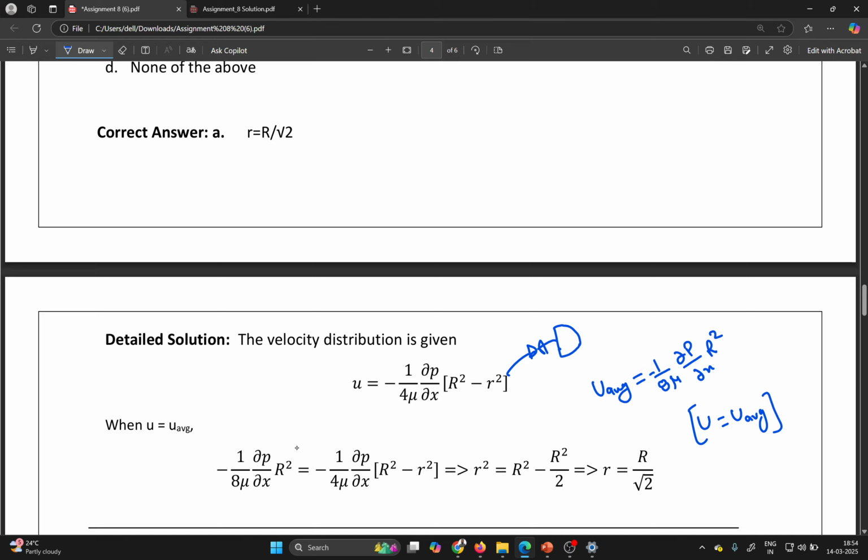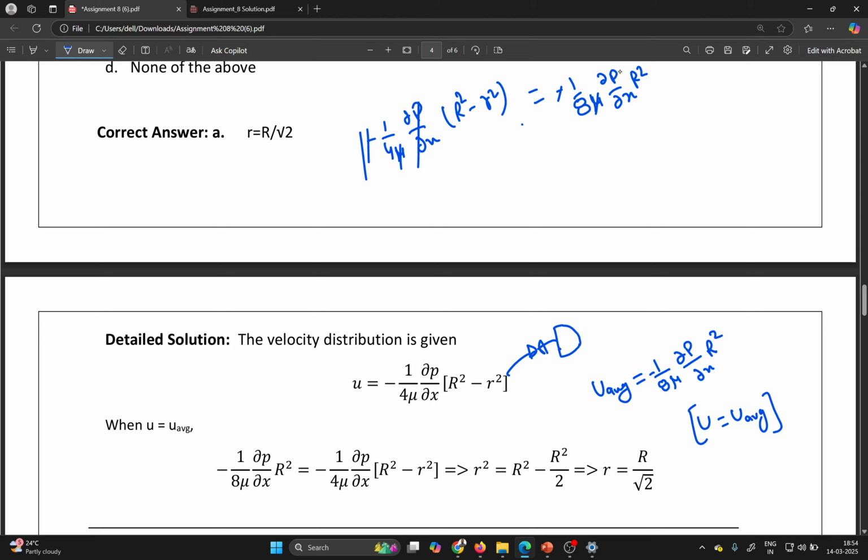So you can write here, 1 by 4 mu del p by del x (R square minus r square) is equal to the average velocity 1 by 8 mu del p by del x R square. So here mu will cancel out, and when you arrange, del p by del x also cancels out.